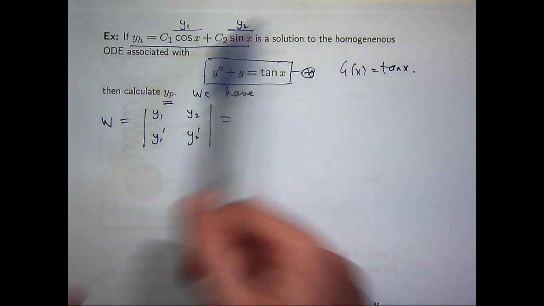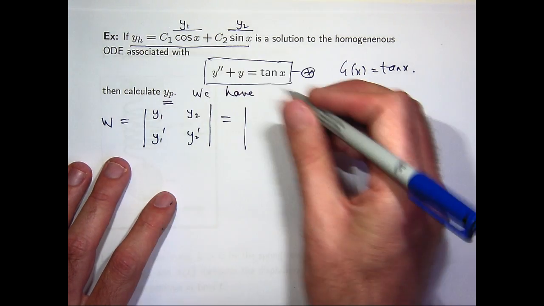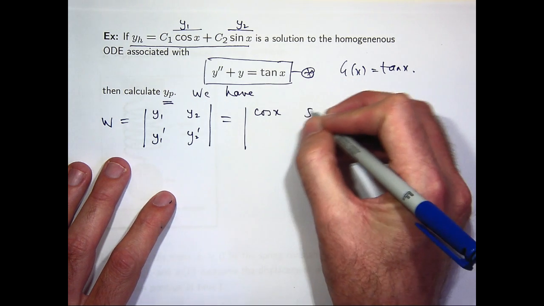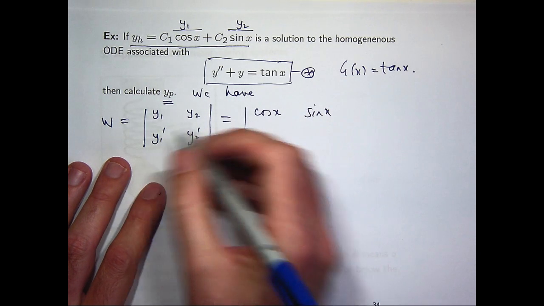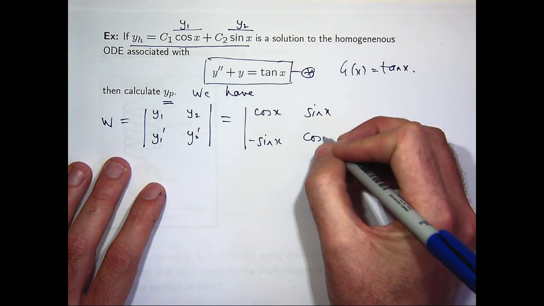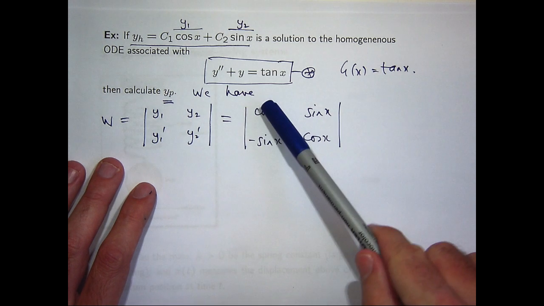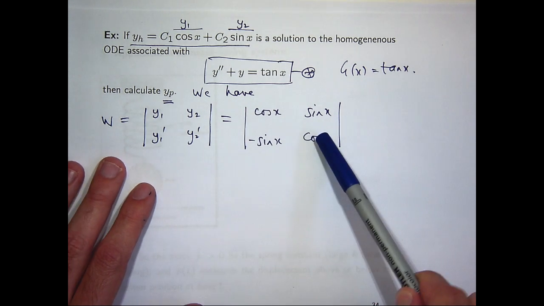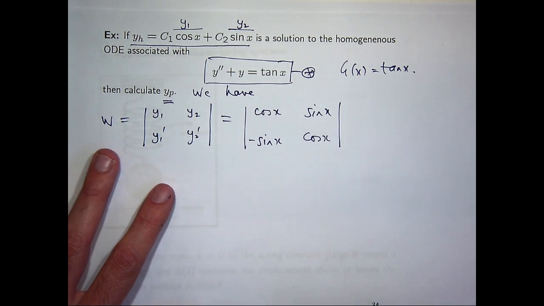So let's write in our y1 and y2. Form the derivative of y1. That's going to be minus sine x. And if I differentiate sine x, I'll get cosine. So the determinant here is going to be cosine squared plus sine squared.